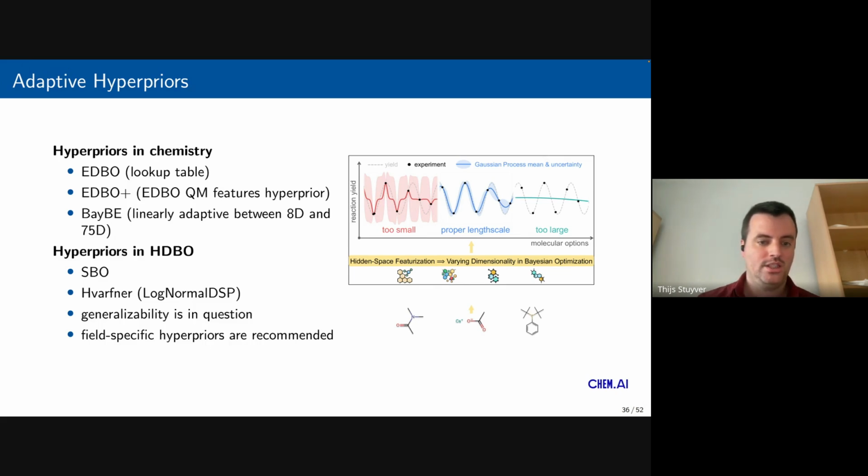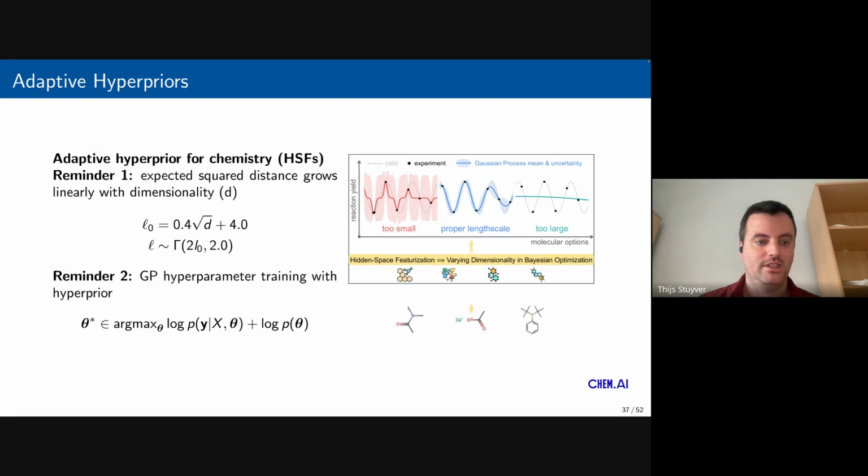And so, now that we know that a hyperprior needs to scale with the square root of dimensionality, we wanted to do a benchmarking. Some of the existing benchmarks, the existing hyperpriors, are shown on the left of this slide. And that's what we're going to compare to. Here you can actually see the hyperprior that we propose.